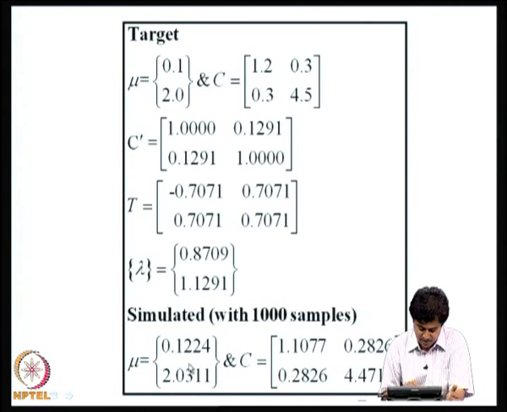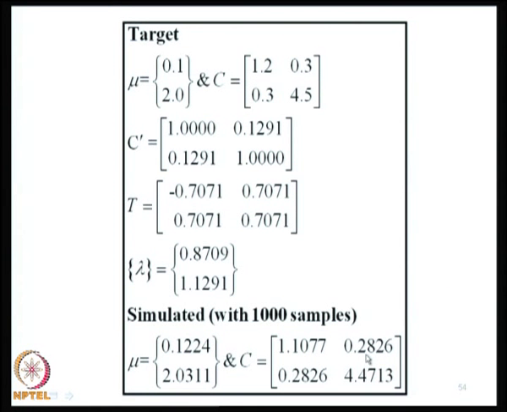With 1000 samples I am able to get a mean vector of 0.1224 as against 0.1 and 2.0311 as against 2.0, and covariance of 1.1077 as against 1.2, 0.2826 as against 0.3, and 4.47 against 4.5.